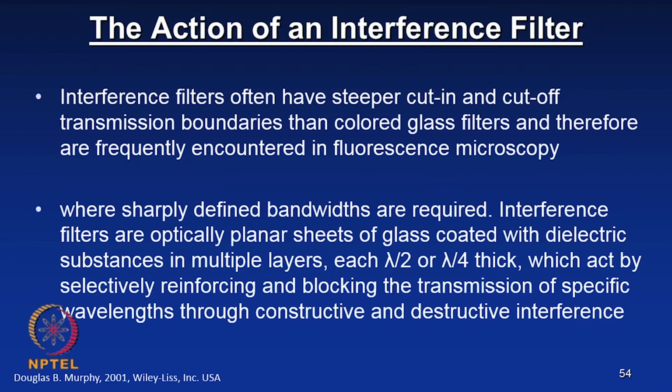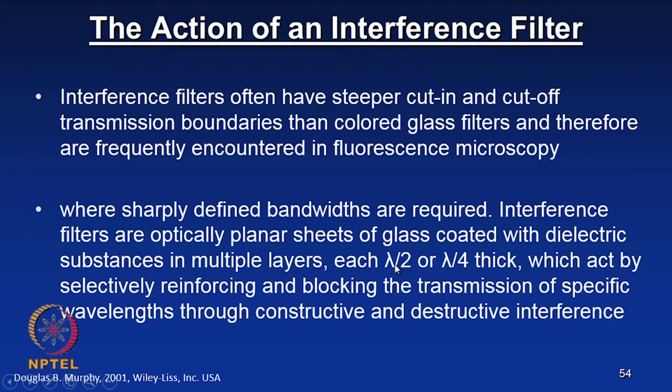Let us see a few more remarks on these filters. Interference filters often have steeper cut-in and cut-off transmission boundaries than the colored glass filters, and therefore are frequently encountered in a fluorescence microscope. Where sharply defined bandwidths are required, interference filters are optically planar sheets of glass coated with dielectric substances in multiple layers.